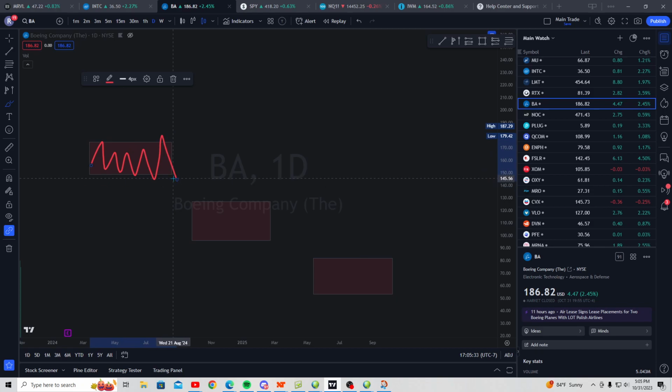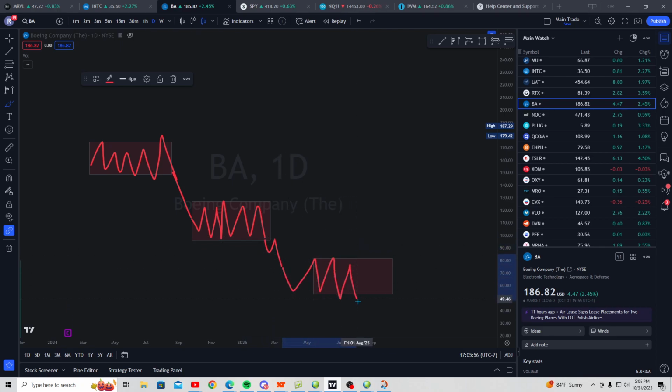Once you get that breakdown, we're in imbalance mode, right? And what do we do? We go look for either prior value, or we go somewhere else to find new value, where you'll consolidate for a bit, okay? Let's say we break down from this one, right? And typically on breakdowns or breakouts, you'll get a retest, which becomes pretty helpful. So let's say we get that, right?